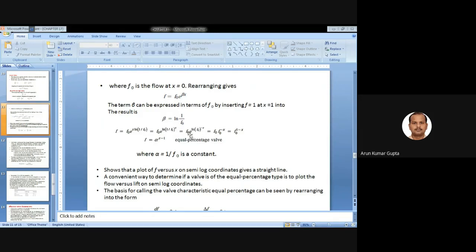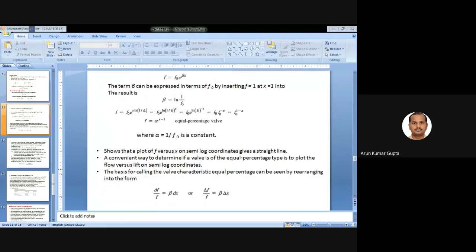The e and ln cancel out, so we have only f naught to power minus x, or we can write this as f naught to power 1 minus x. So f is basically equal to alpha to power x minus 1. This is known as the equal percentage valve, where alpha equals 1 upon f naught.